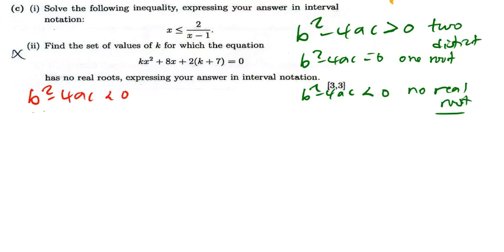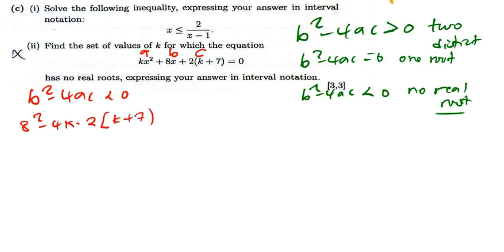So now I know that this is a, this is b, and everything here is c. So b is 8, so 8 squared minus 4, my a is k, then my c is 2 open brackets k plus 7.